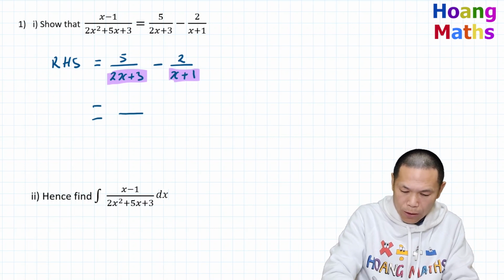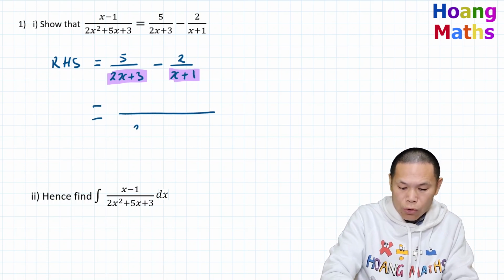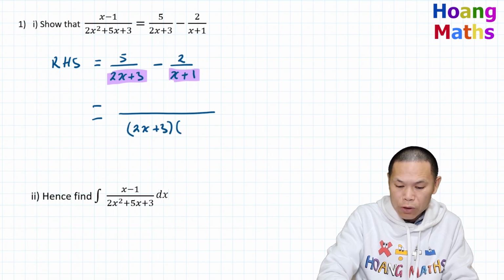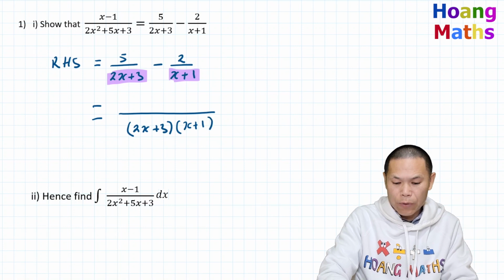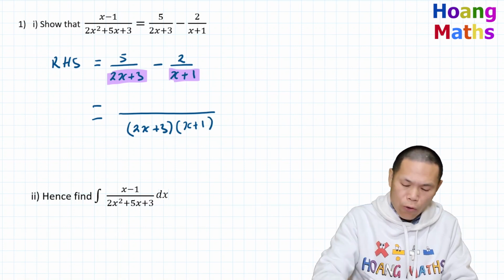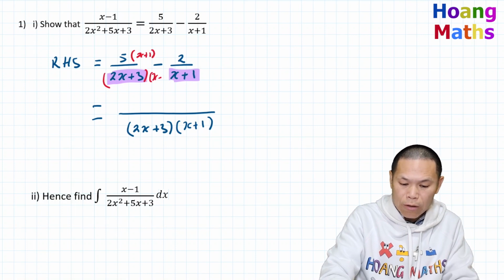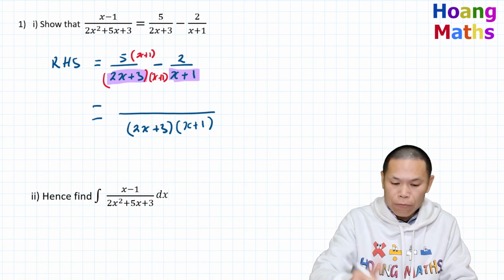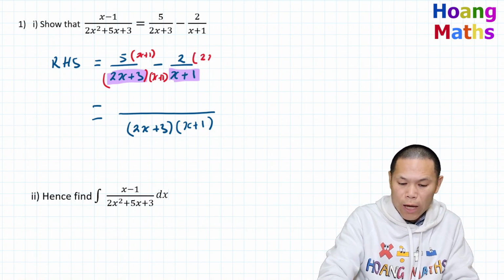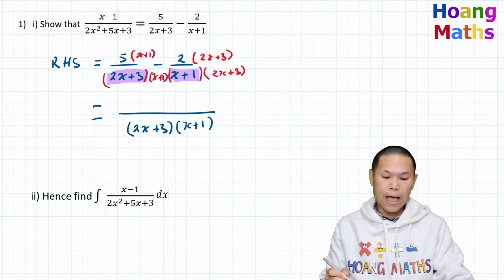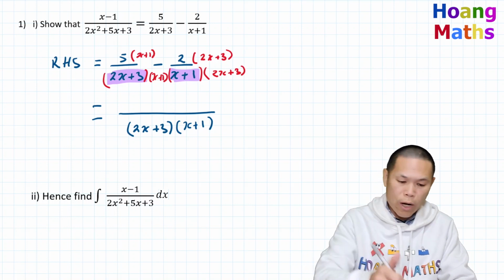That is (2x plus 3) times (x plus 1). For the first term, we multiply top and bottom by (x plus 1), and for the second fraction, we multiply top and bottom by (2x plus 3). Like that, okay? So let me work it out.